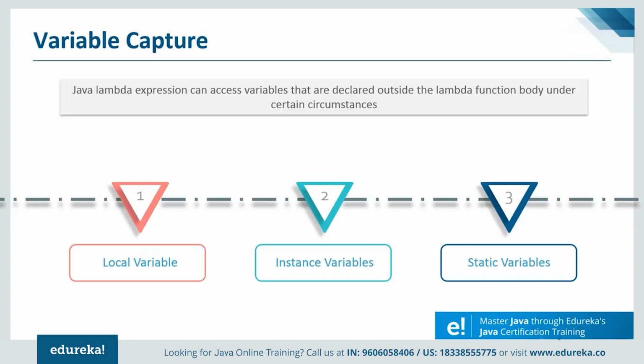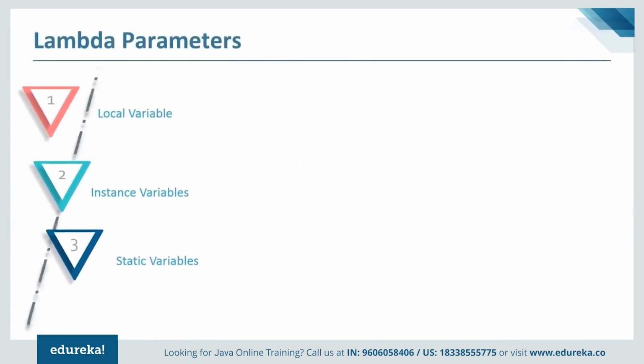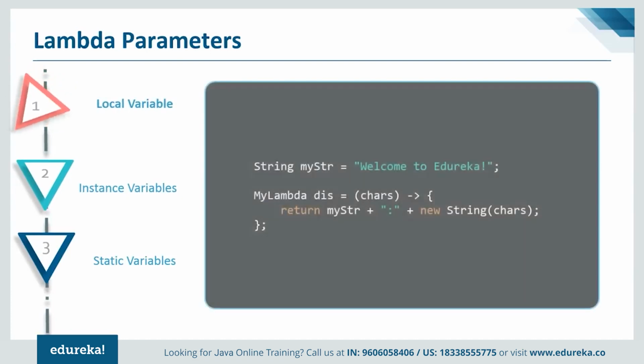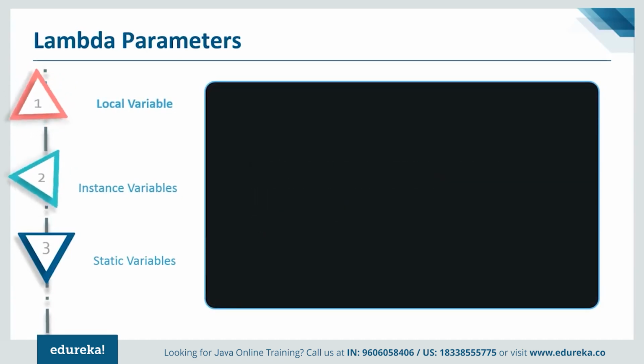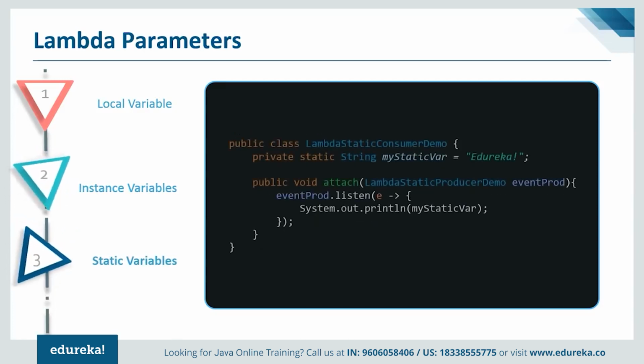Now you are doing a computation and you definitely need to make sure that there are some variables which you need to define and use here and there. So let's see how we can deal with them. The very first one is a local variable. You can declare the variables within the lambda expressions, right? Instance variables: the variable can belong to your object and that can be very easily utilized in your lambda expression. We can even have a static variable which can be used in the lambda expression.